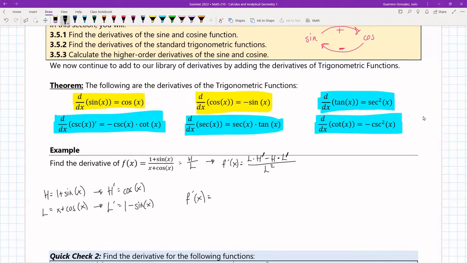So low, x plus cosine of x, times d high, cosine x. Minus high, 1 plus sine of x, times d low, 1 minus sine of x, over low squared. So the low is x plus cosine of x quantity squared.